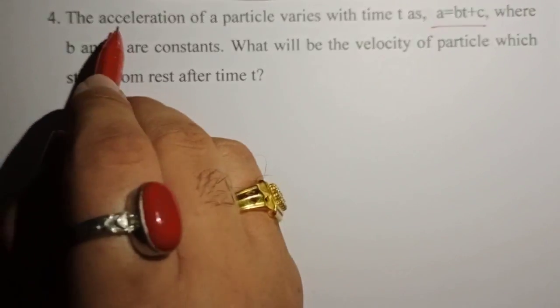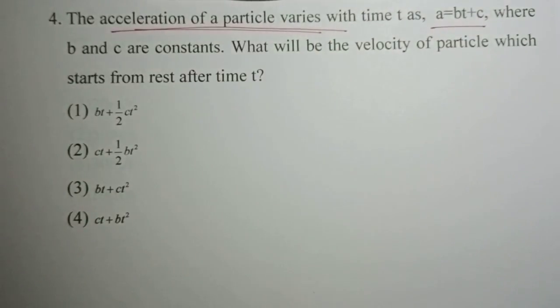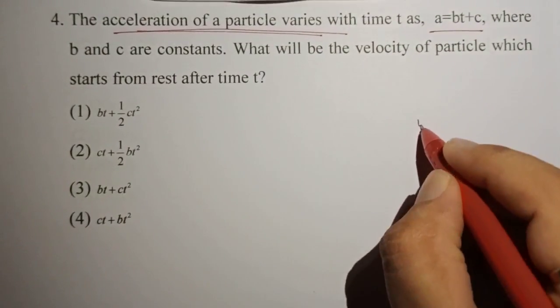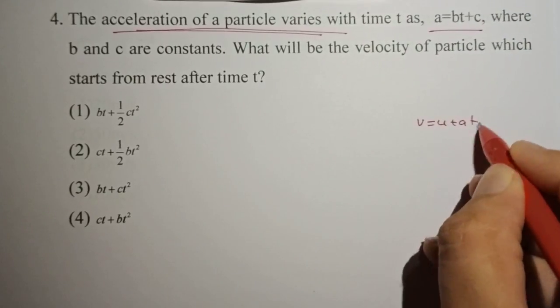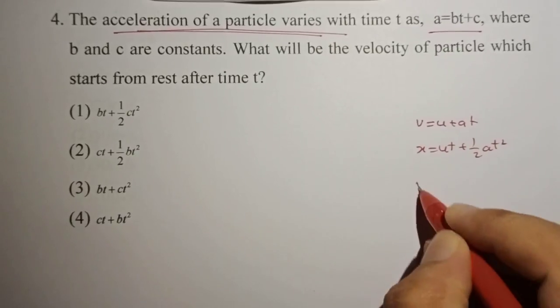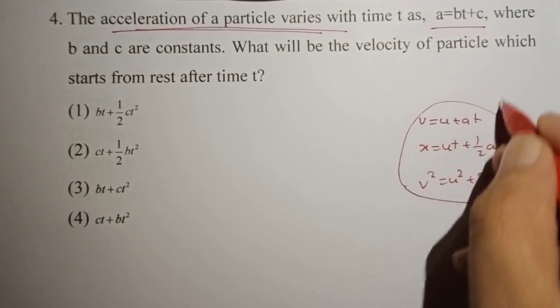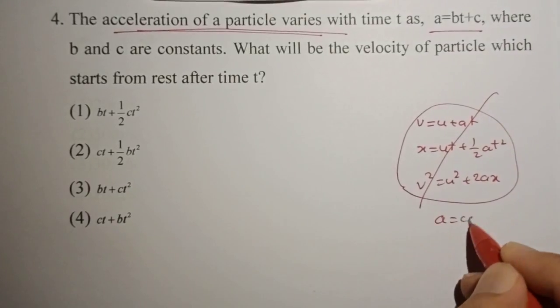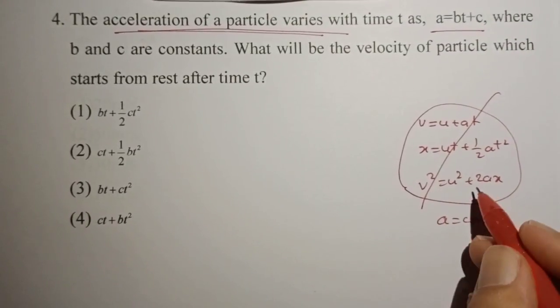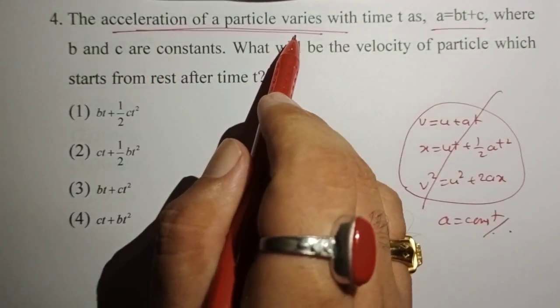Since the acceleration varies with time, we cannot use the equations of motion: v equal to u plus at, x equal to ut plus half at square, v square equal to u square plus 2ax. These are valid provided acceleration is constant.